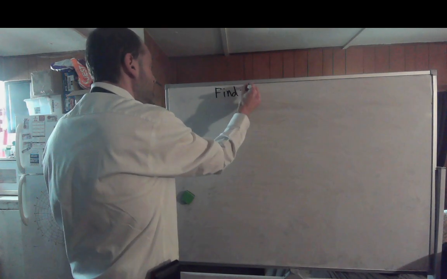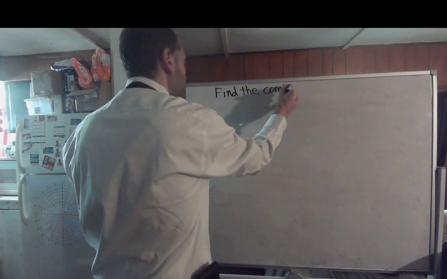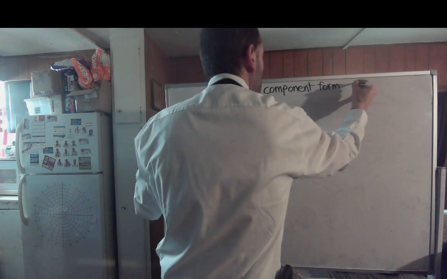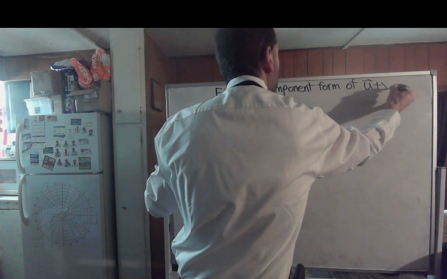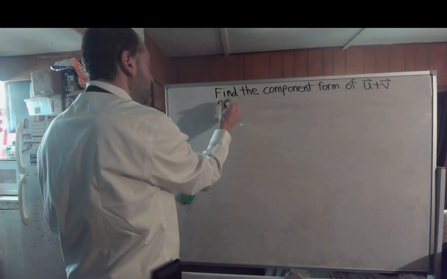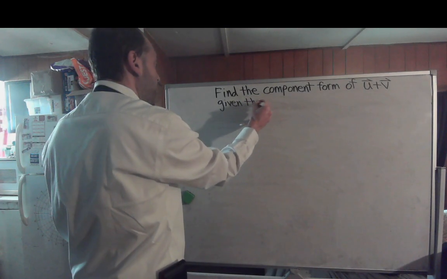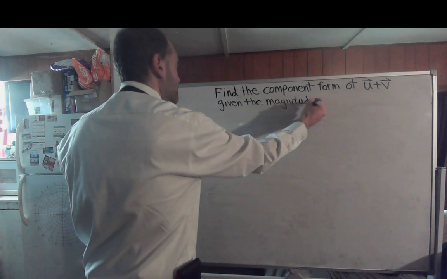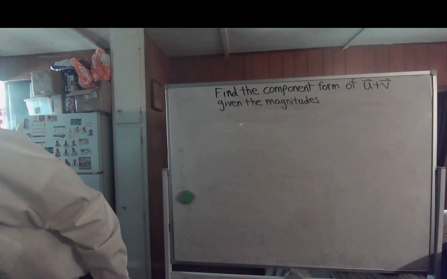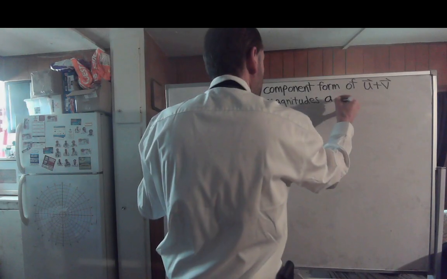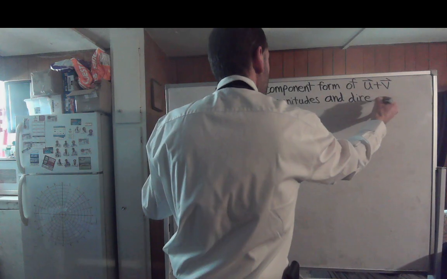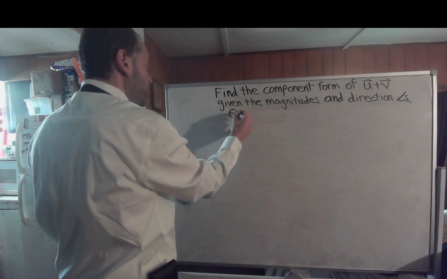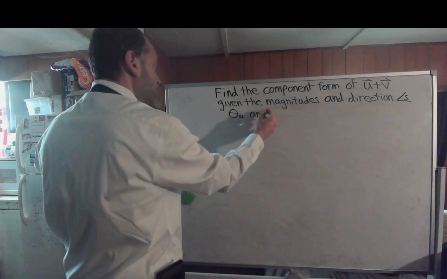Find the component form of vector u plus vector v given their magnitudes and direction angles theta sub u and theta sub v.